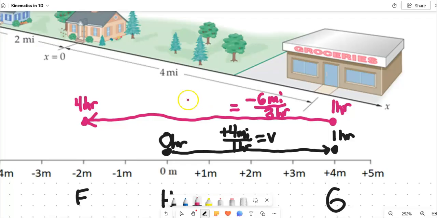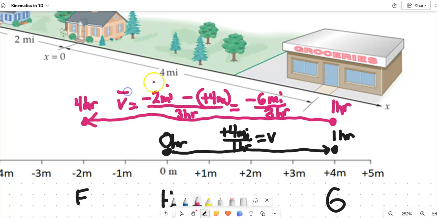Take your initial position, which is positive 4 miles, in brackets, and subtract it from your final position, which is -2 miles, over the total period of 3 hours. So the displacement is -2 miles minus 4, which is -6 miles, over the period of 3 hours.